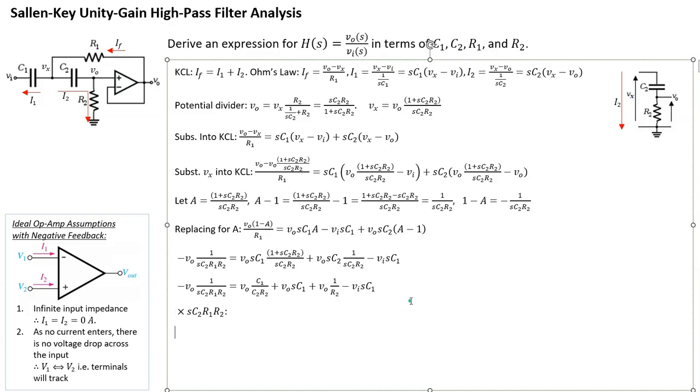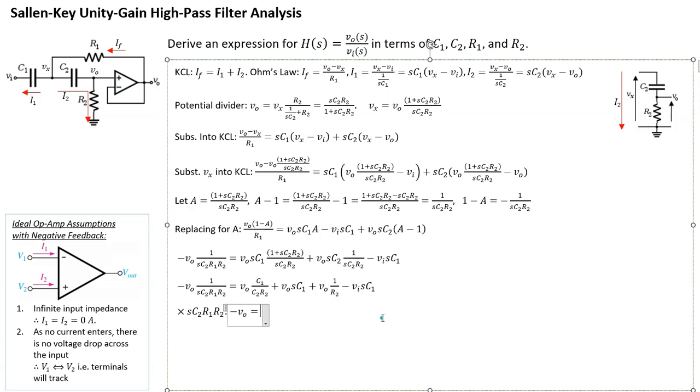What you're going to get is negative VO on the left equal to, okay, we're multiplying SC2 R1 R2 to this term. At the bottom is C2 and R2, so C2 and R2 will disappear, which means just S R1 and then C1 are left.